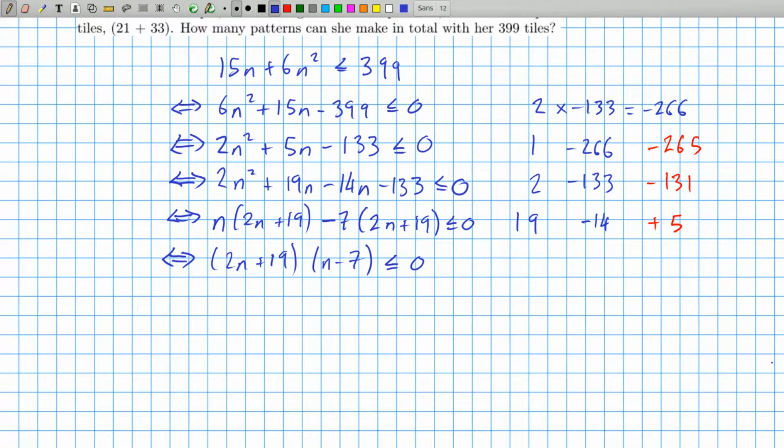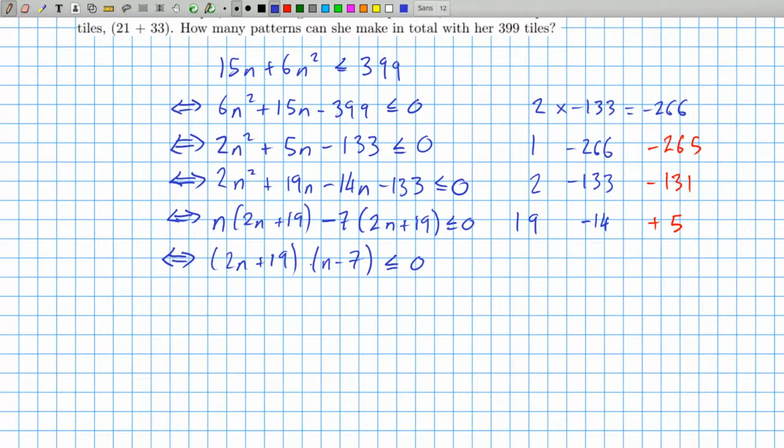So we haven't quite answered the question yet. We're asked how many patterns in total can she make with her 399 tiles. So we're asked essentially what is n. So the product of these has to be less than or equal to 0, and we're asked, what's the largest n that will allow this.